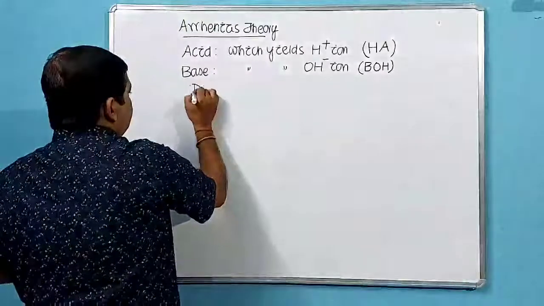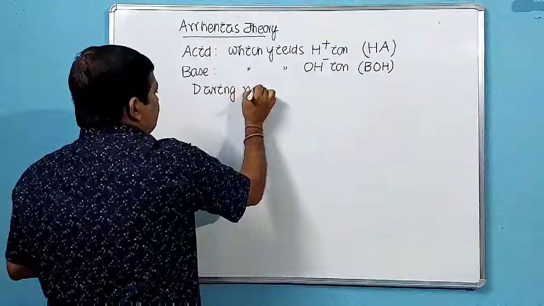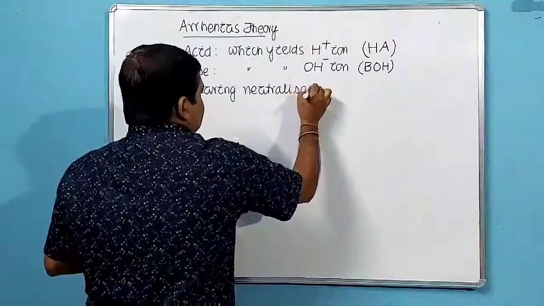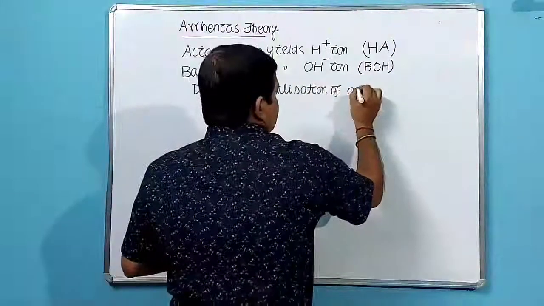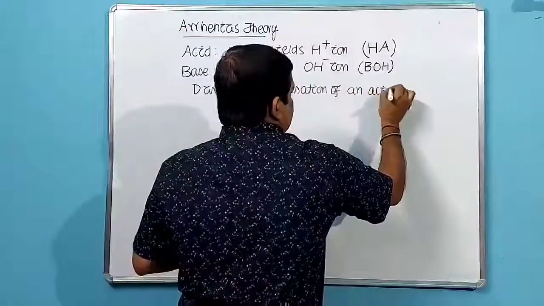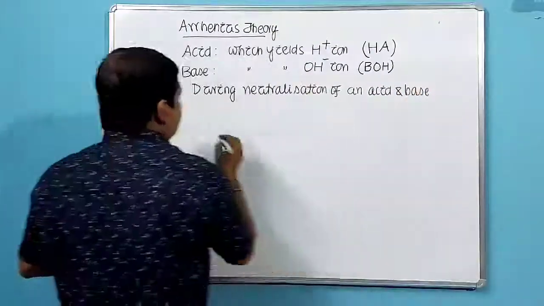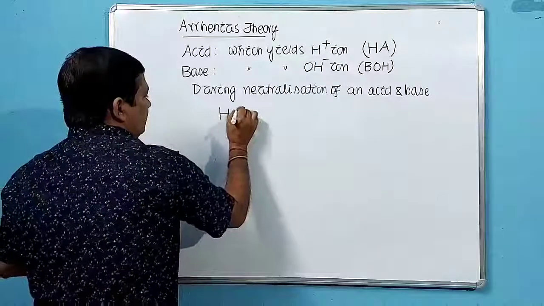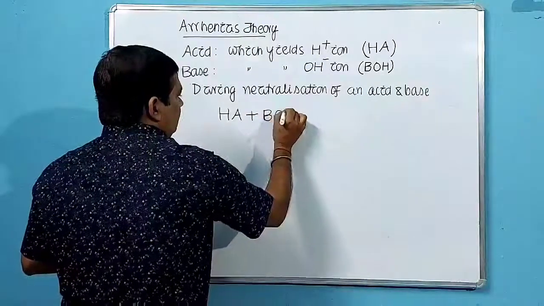So during neutralization of an acid and base, what will be the reaction? Look, what is the common reaction? Acid is called HA, base is BOH.